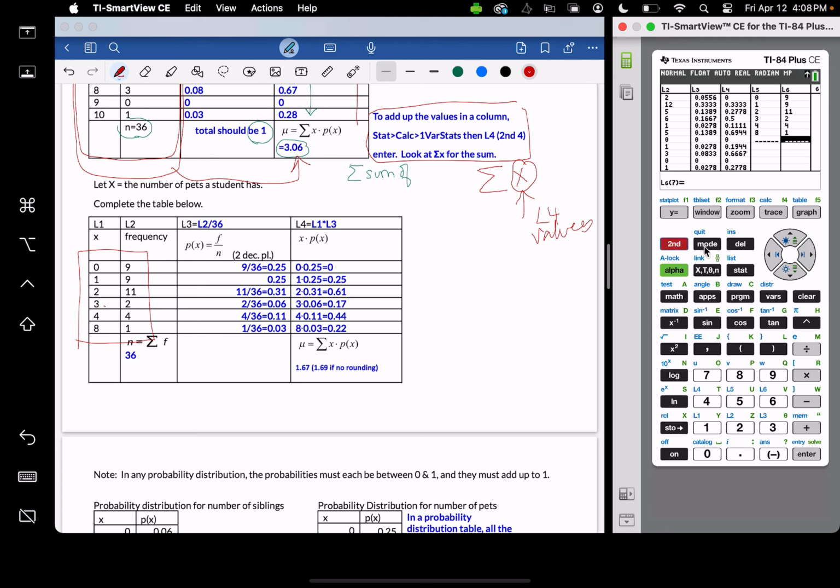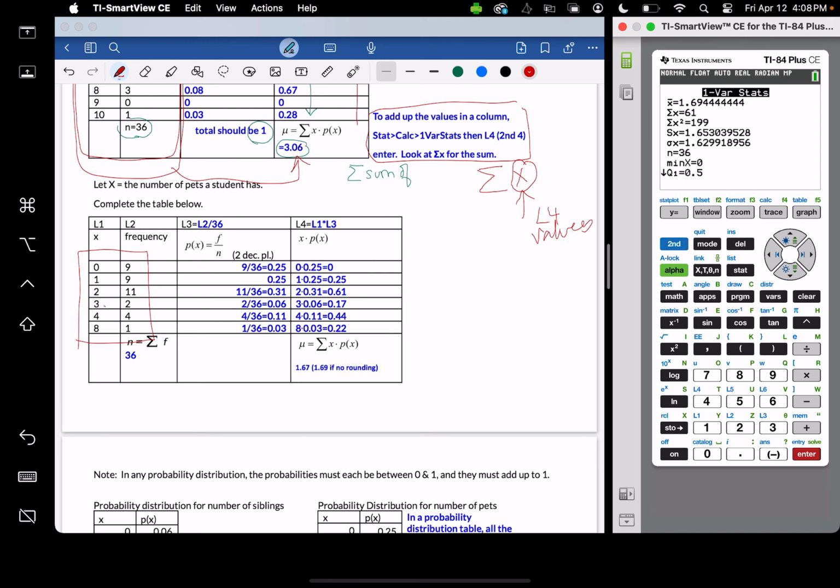So I'm just going to do second quit, stat calc, one variable stats, L5, enter. The frequencies are in L6, enter, calculate. And so here I'm looking at X bar is my mu. I'm going to scroll down here.